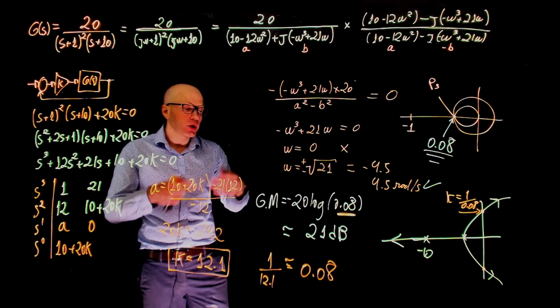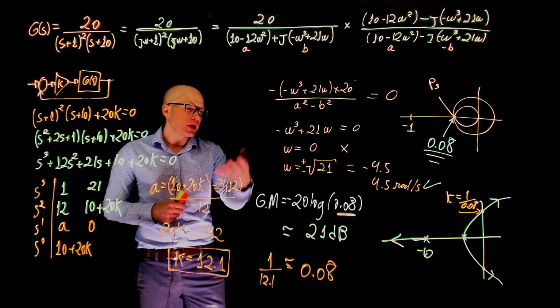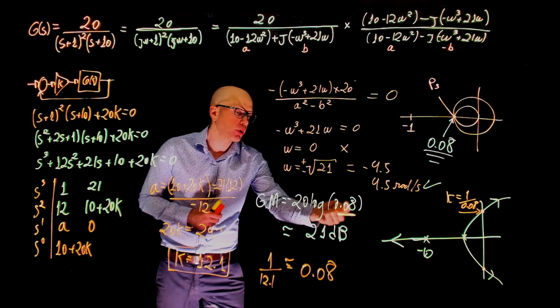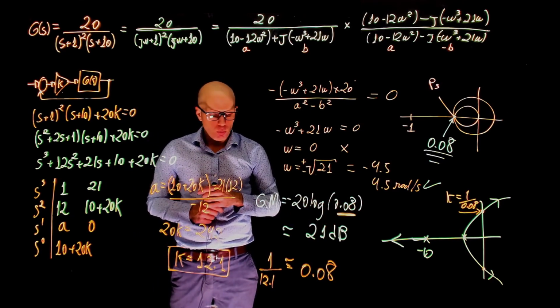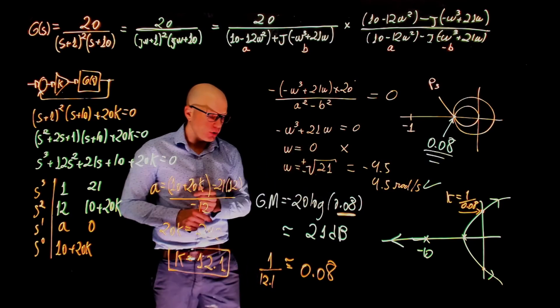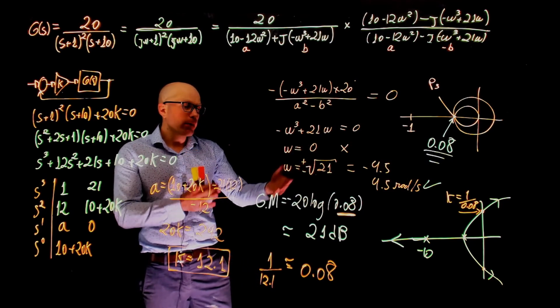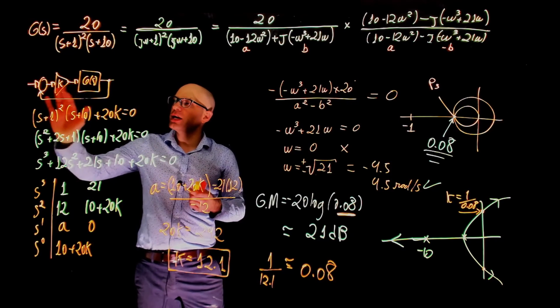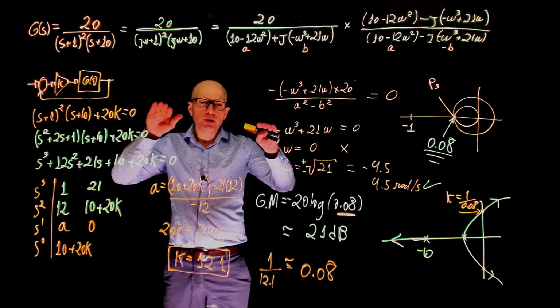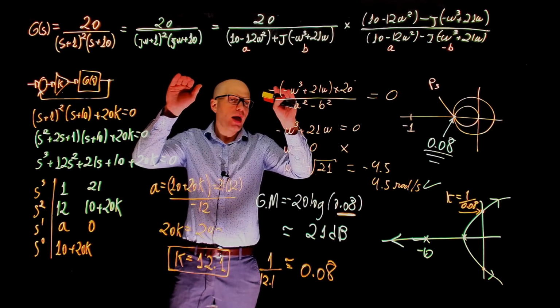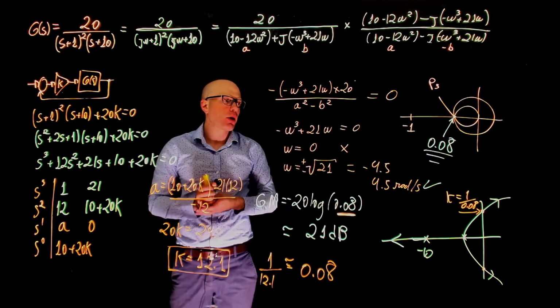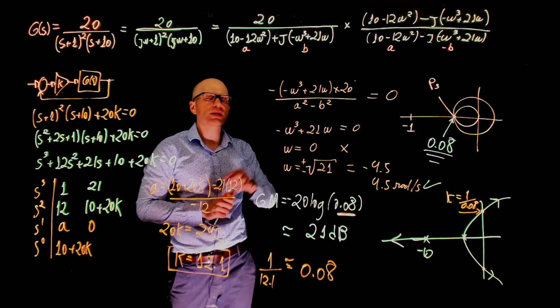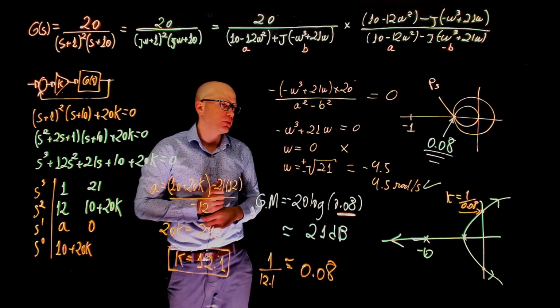How do we add 21 decibels to the system? Well, we multiply the system by 1 over 0.08, which is around 12.5. When you change k here by 12.5, the entire Bode plot goes up, and then there will be a particular combination of -180 degrees and 0 decibels, which will make the system closed loop unstable.